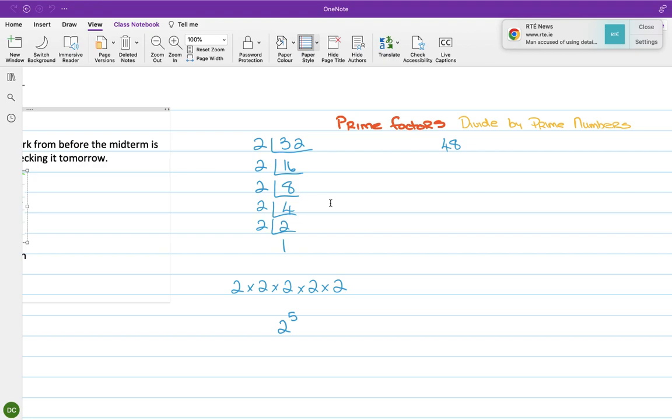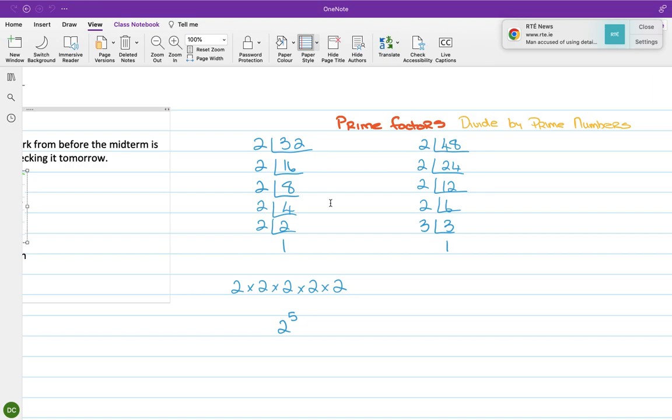Okay, so moving over to 48 and dividing it by 2 because it's even, we get 24. Still 2. 12. Still 2. 6. Still 2. 3. Still 2? No. So we need to go to the next prime number, which is 3, which gets us to 1, and once you get to 1, you're done.